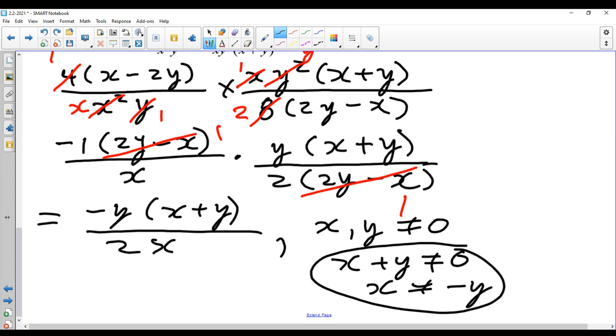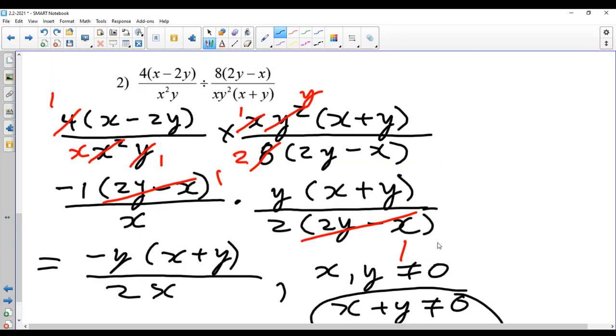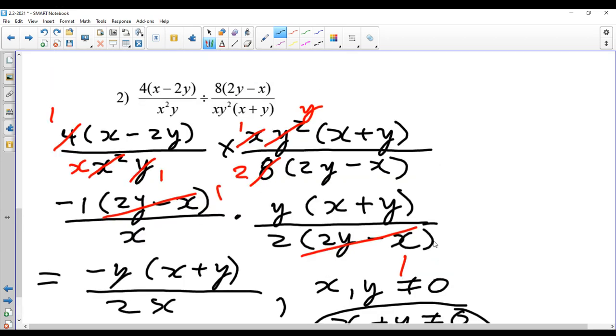X cannot be equal to minus y, or y cannot be equal to minus x. That's the same thing. There is one more restriction. Yes, there is another one.